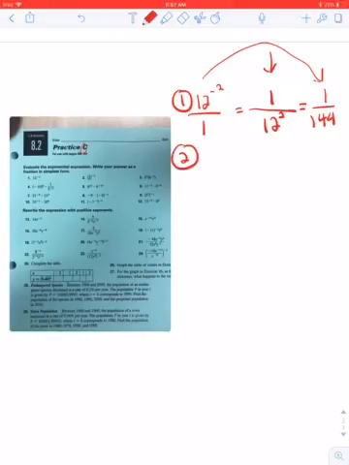Let's do 2. Problem 2, we got 2 to the negative 3rd, all in parentheses, 5 to the negative 3rd. So yesterday we learned that when you have this parenthesis situation, you have to multiply this times this. Now, there's not a 1 here, but it's always there. We just don't always write 1. So 1 times negative 3 is negative 3, and negative 3 times 1, again, is negative 3.